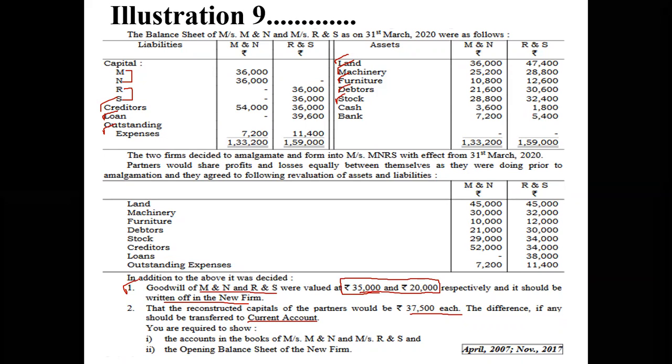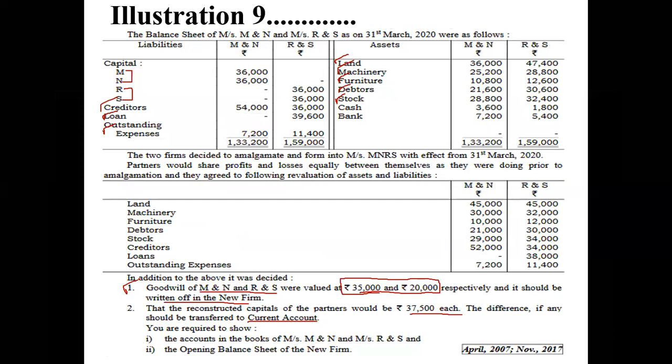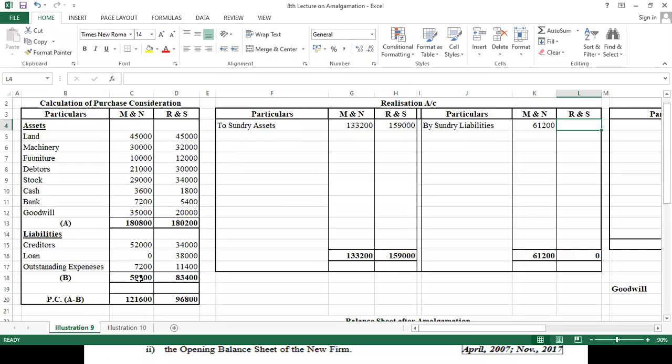How much do we have? 54,000 plus 7,200, so it will come to 61,200. And for RS we have 36,000 plus 39,600, so it comes to 65,600 and 87,000.